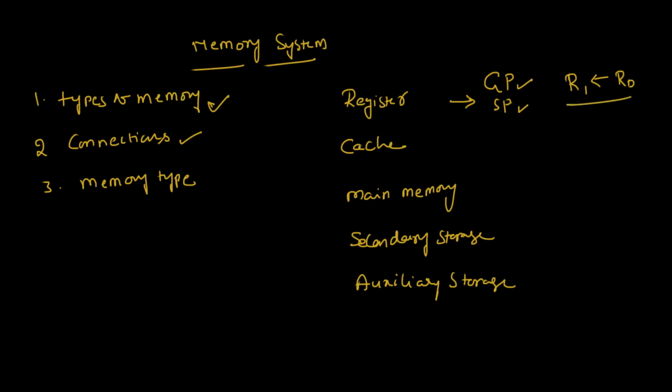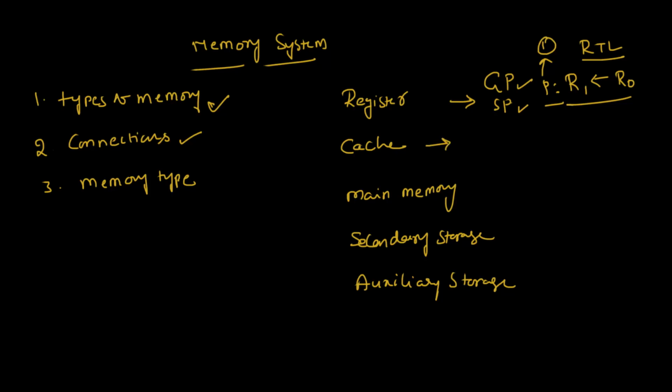In this case, R0 data will be transferred to R1. We can manage that with the help of some control signal. For example, P is a control signal here. Whenever P is 1, R0 data will be transferred to R1. This is a simple instruction. We normally call this RTL, that means register transfer language, which we will discuss in more detail when we discuss registers.